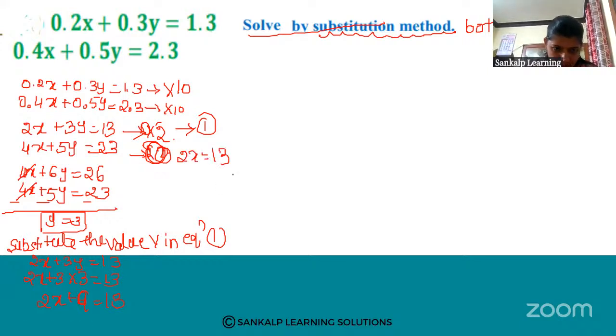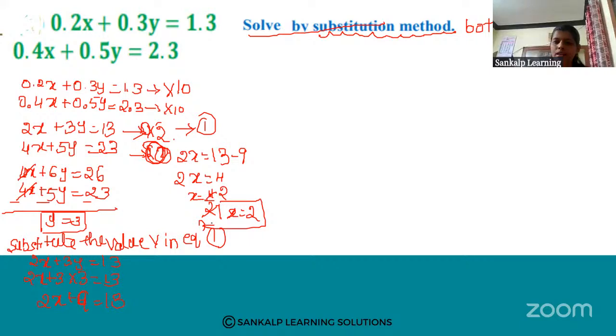Transfer this 9 to this side. 2x is equal to 13 minus 9 is 4. x is equal to 4 divided by 2. 2 ones are 2, 2 twos are 4. That means x is equal to 2 you will get. Therefore, by using elimination method, I got the value of x and y, that is x is equal to 2 and y is equal to 3.